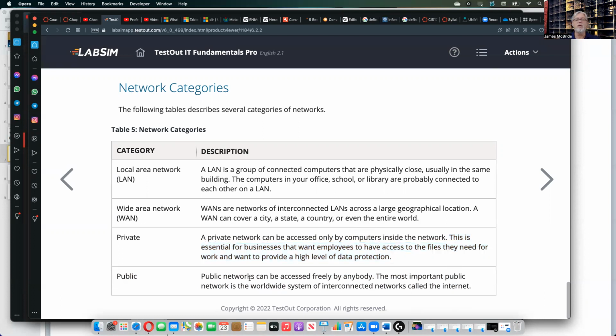Public networks mean they can be accessed freely by anybody, like McWi-Fi down at McDonald's. Anybody can get on that network. The most important public network is the worldwide system of interconnected networks called the internet, that's a massive public network. So you go down to McWi-Fi and you connect to that, and your system comes up and says, is this a private or a public network?